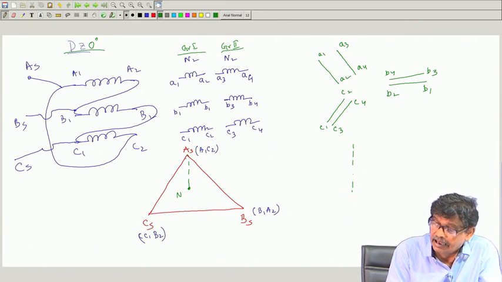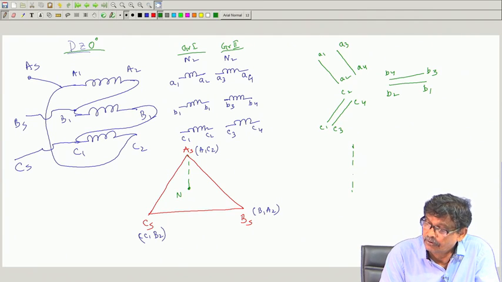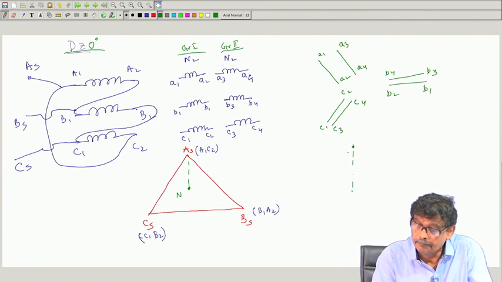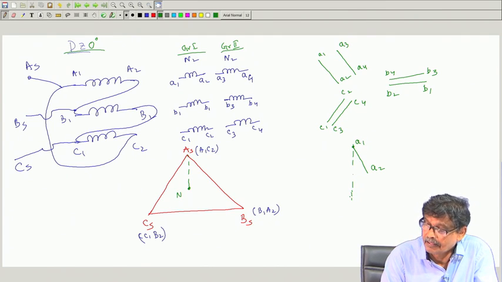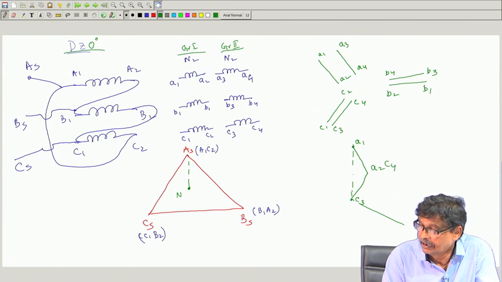I would like to have the secondary voltage with no phase displacement, so I will take A1 A2. Is this voltage available? Yes, A1 A2. Then I have to connect another voltage from the other group, which is available in C, and I will take C3 C4. The B phase voltage will be 120 degrees apart.